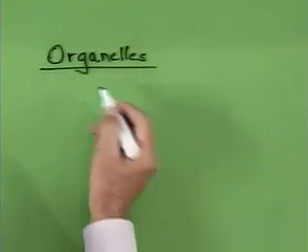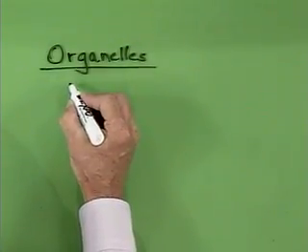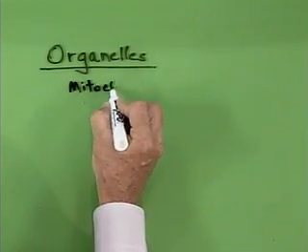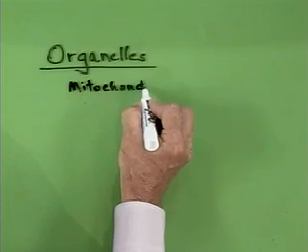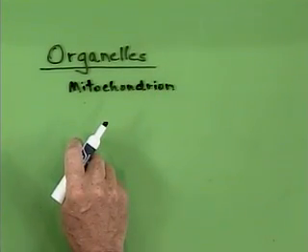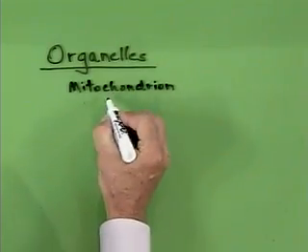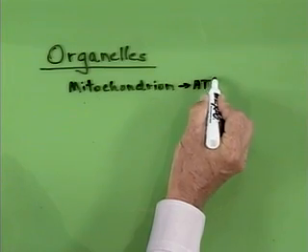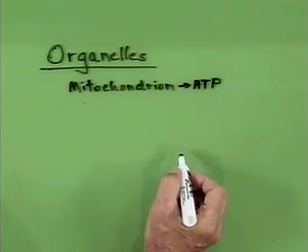Seth or Adam? The mitochondrion produces energy for the cell. All right, let's put down mitochondrion. It produces energy. What form is that energy in? ATP. Okay, so the mitochondrion is involved in ATP formation.